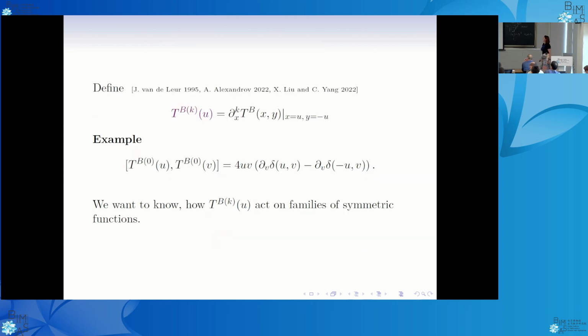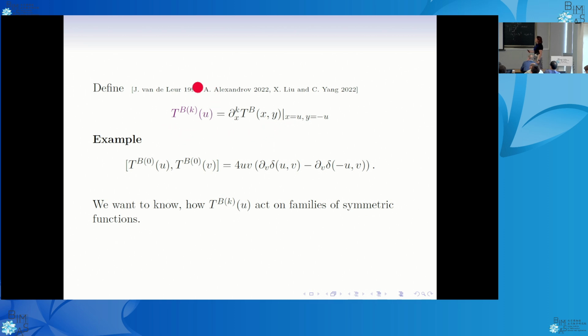And inside this Lie subalgebra, we also want to consider some operators. In this, we follow Johann van der Leur, Alexandrov, and Liu and Yang. They consider properties of these matrices, and we play exactly the same game as in type A. We take our matrix formal distribution of generators for O infinity hat, differentiate with respect to the first variable, and then set the first variable to be equal to u and the second variable to minus u.